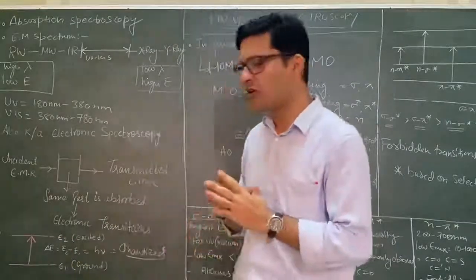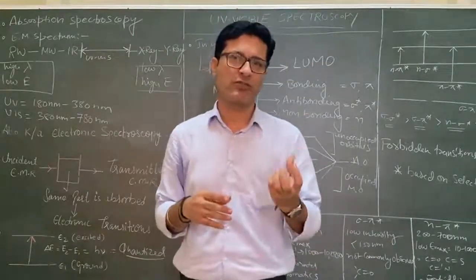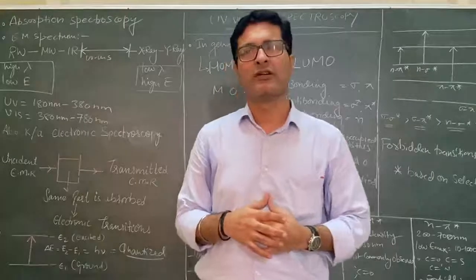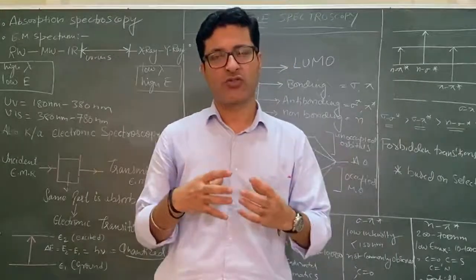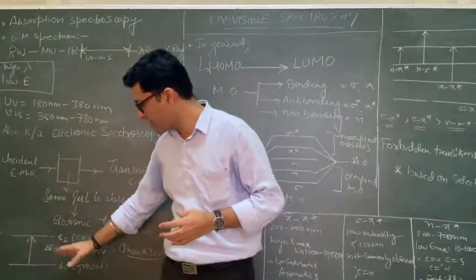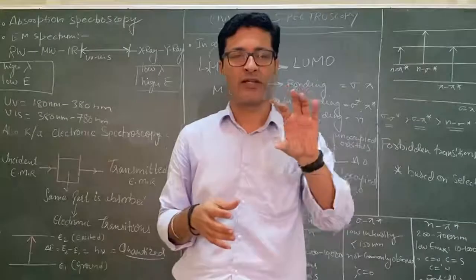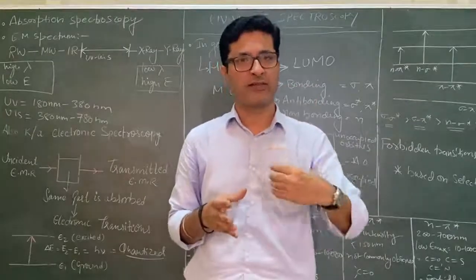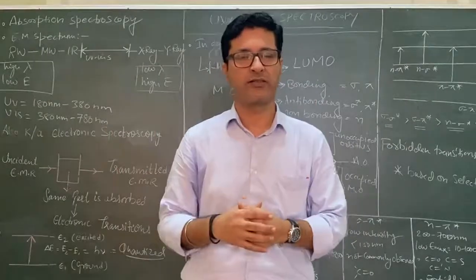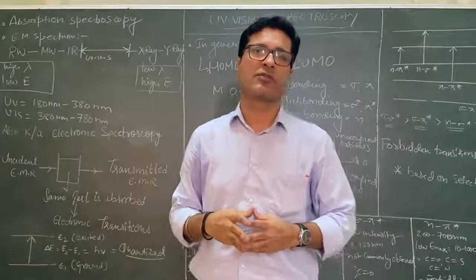So, to cause an absorption or transition, the energy of the electromagnetic radiation must match this difference of energy, that is delta E. If the electromagnetic radiation energy is lesser or higher than this value of delta E, then absorption will not take place.